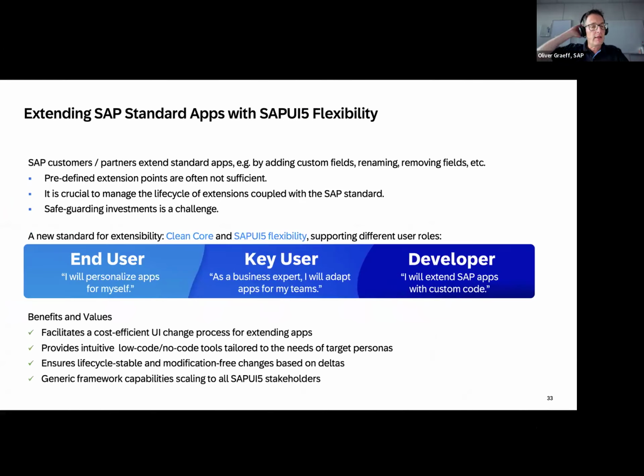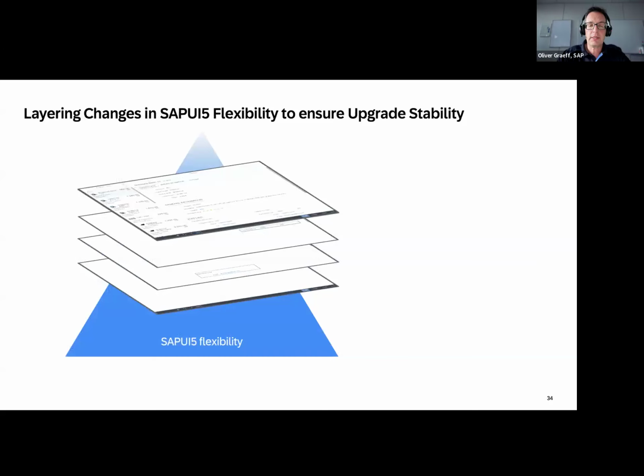So, it's very efficient to use this UI5 flexibility in the various tools, low code or pro code, as I mentioned, because the changes here are stored in a clever way. Let's assume you have an SAP standard app. You don't want to copy that. You don't want to modify that. You want to keep this untouched. But you might want to add developer changes to it. I haven't shown you this.